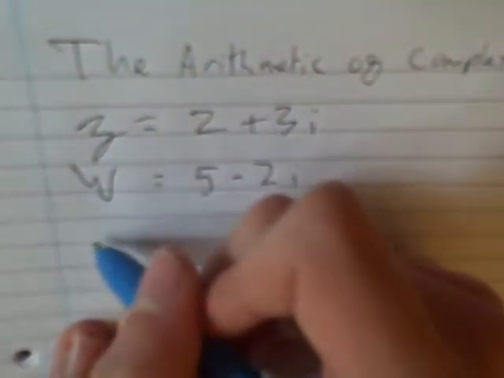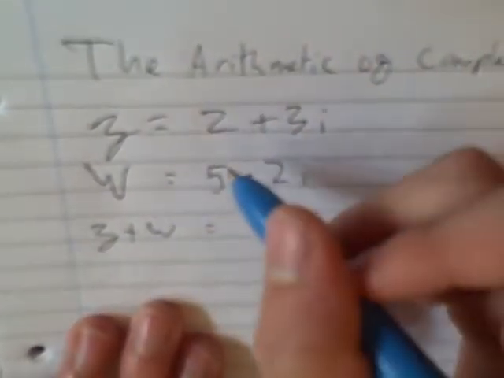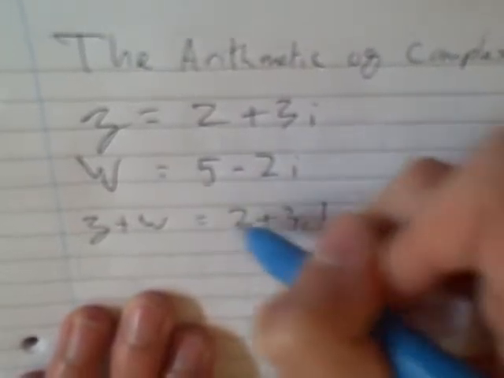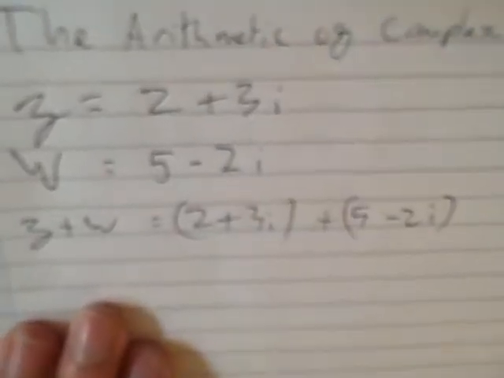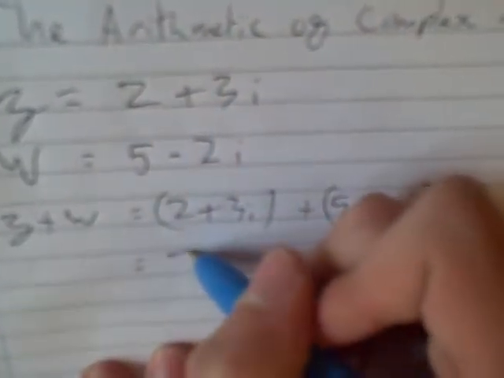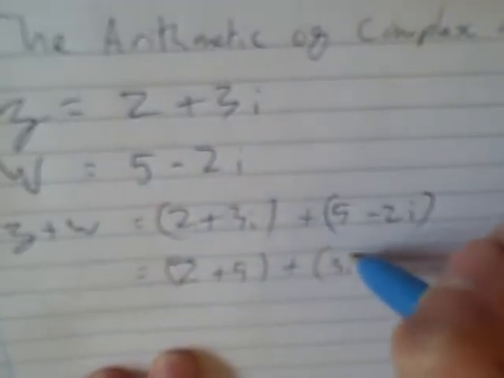So to add z plus w, first of all we split them up into what they look like as complex numbers, so it's 2 plus 3i plus 5 minus 2i, which then we separate into real and imaginary parts, so which is 2 plus 5, 3i minus 2i, plus them, which becomes 7 plus i, which is z plus w.